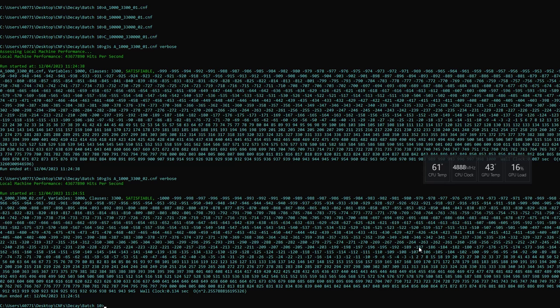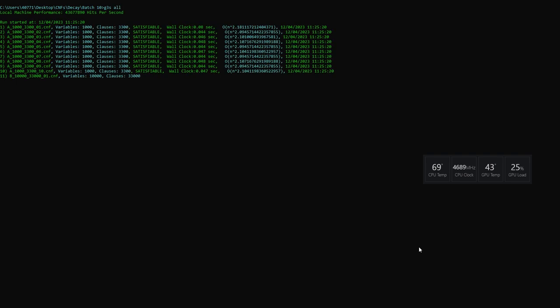Later on, I will no longer use the verbose mode, and I will run them all and see how fast this goes. Okay, so batch A was almost immediately solved, and the columns here represent the following. This is the name of the file containing the formula, the number of variables, and the number of clauses in the formula.